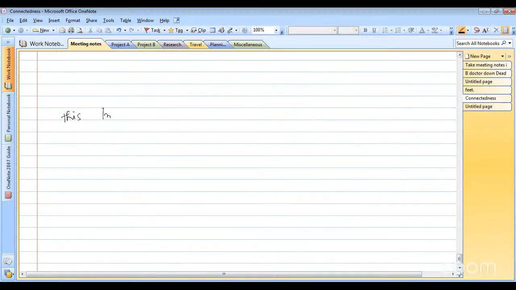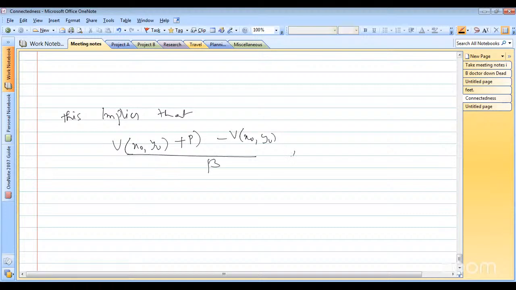This implies that v of x naught, y naught plus beta minus v of x naught, y naught, divided by beta, is the real part of f dash. The first derivative I am taking here is with respect to y. That is also less than epsilon, the epsilon condition.